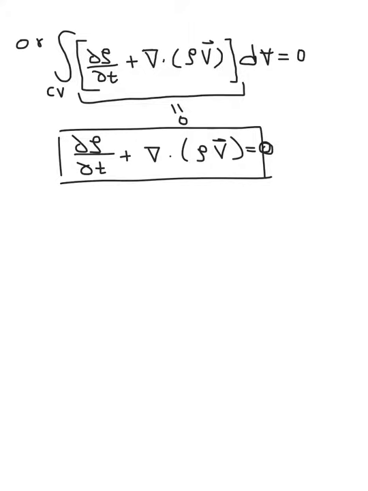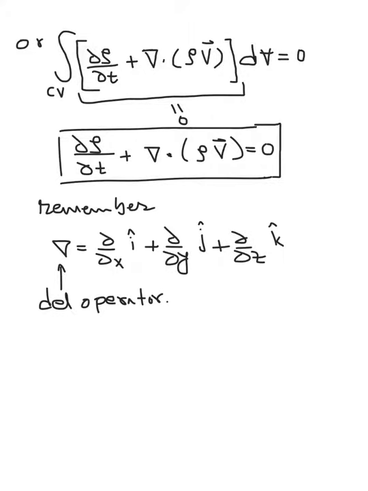Remember, in that equation this del is the del operator and it has this definition, where v is the velocity vector. For 3D flow it can be written like that.